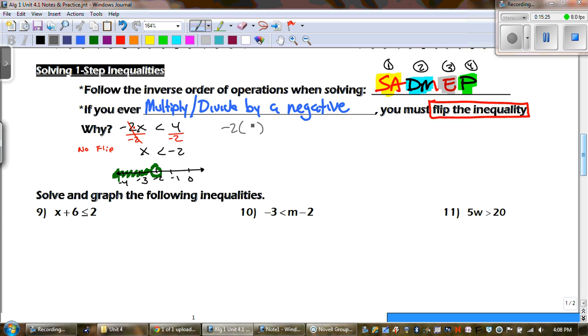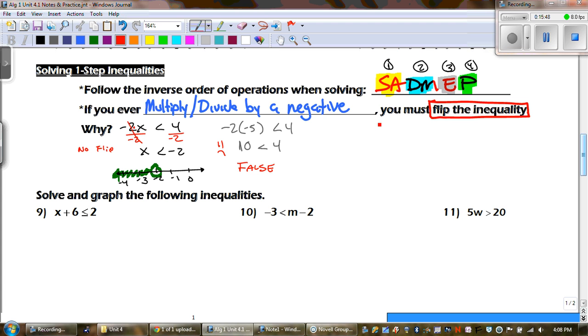I think in class we used the number -5. So this is our check. Well, what's -2 times -5? Well, -2 times -5 is 10. Is 10 less than 4? No, it's not. This is a false statement.